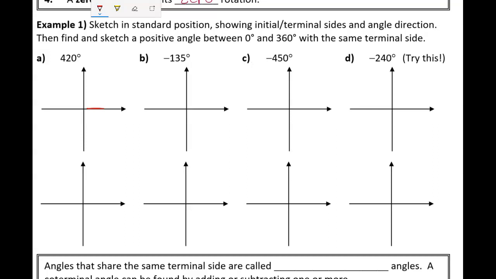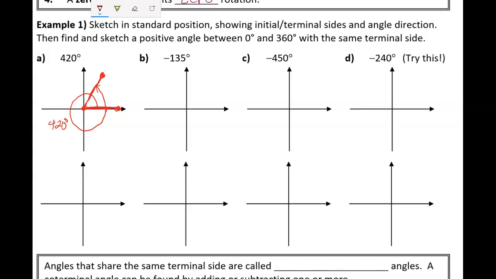If I start on the positive x-axis, there's my initial side, and I rotate a total of 360 degrees, that's not going to quite get me where I'm going. So I'm going to rotate 360 plus an extra 60, and that would bring me to 420 degrees. So that spiral you see right there represents 420 degrees.